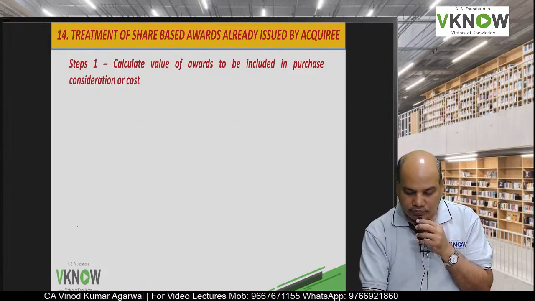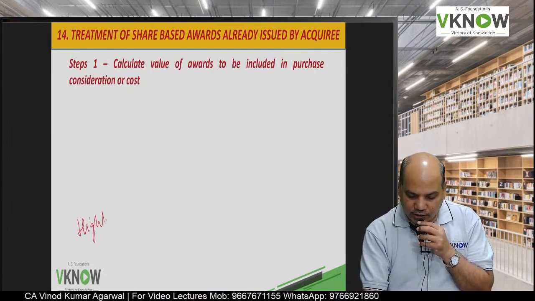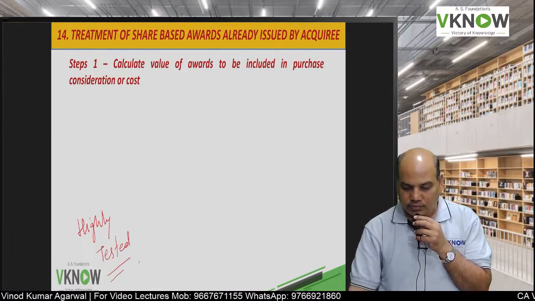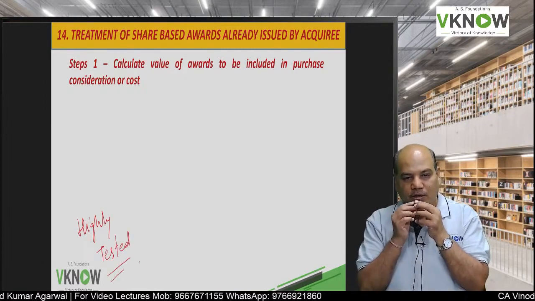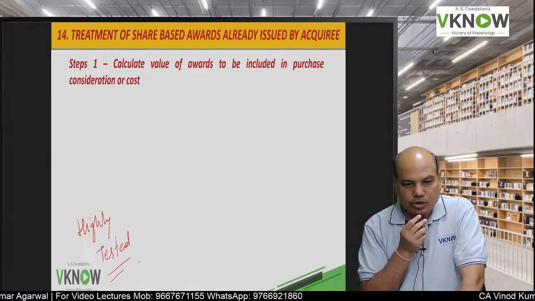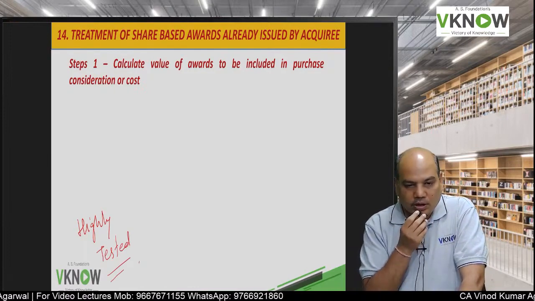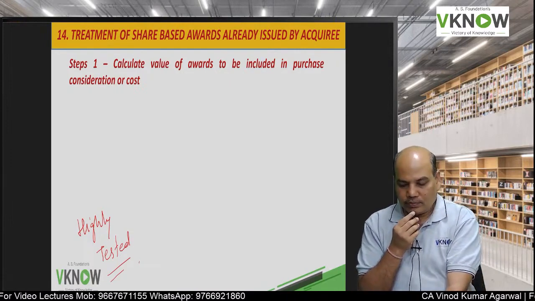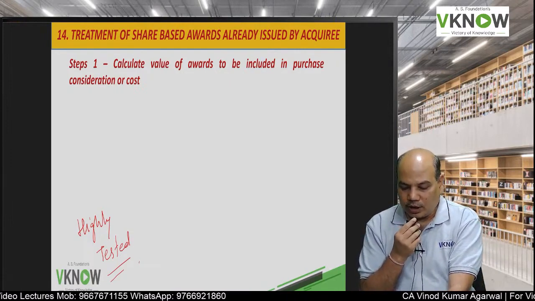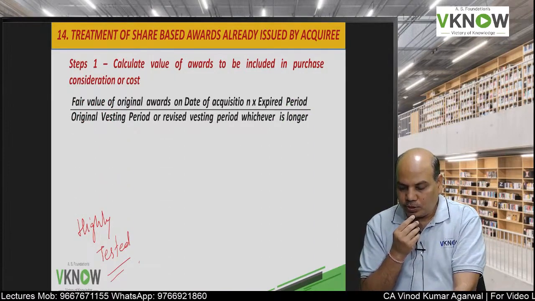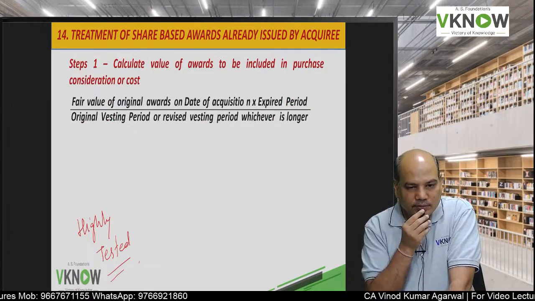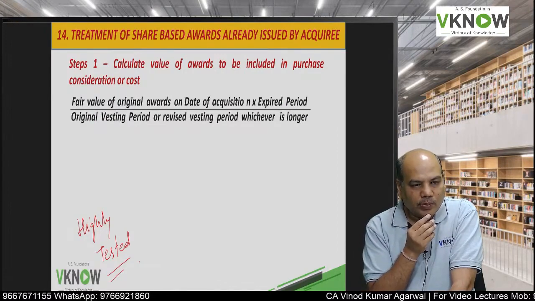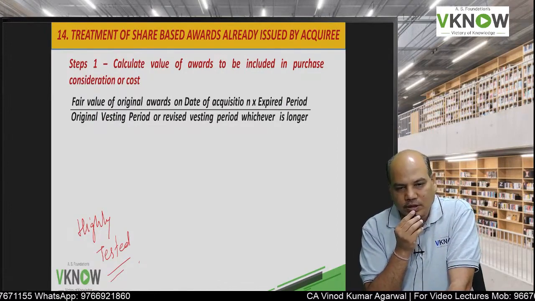Pay attention, highly tested in the exam. If the acquirer company issues share-based payment award which is held by the employee of the acquiree, how will you deal with it? First, you calculate the value of award to be included in purchase consideration. How much of that SBP award will be forming part of purchase consideration?